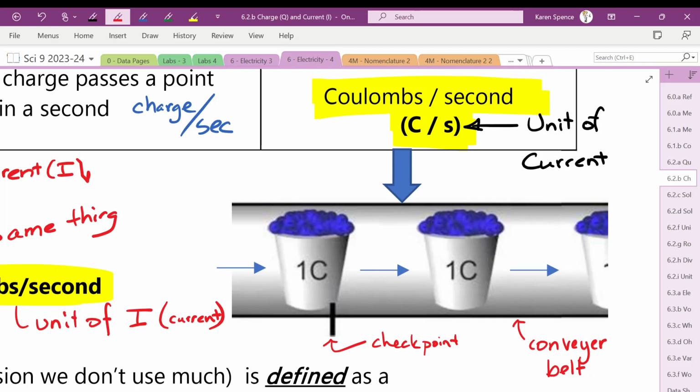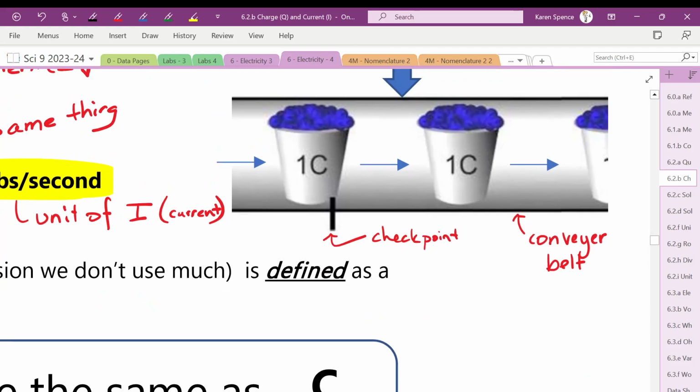If 8 buckets of electrons passed in 10 seconds, so in other words, 8 coulombs went by in 10 seconds, what would the current be?